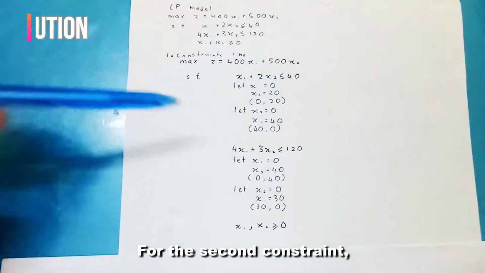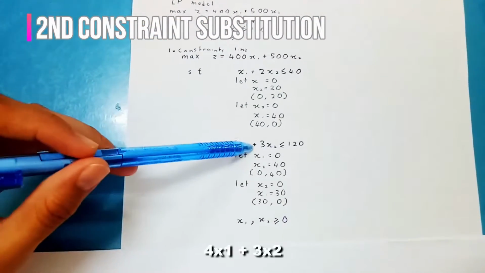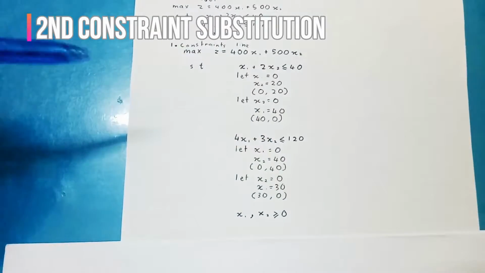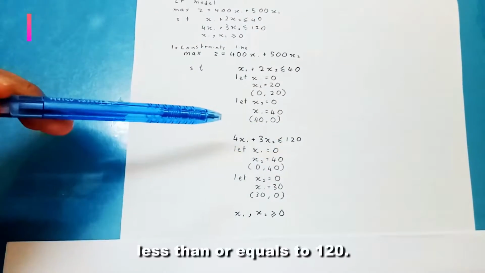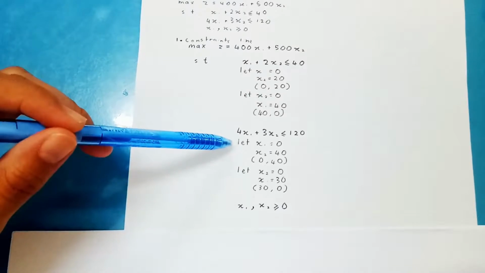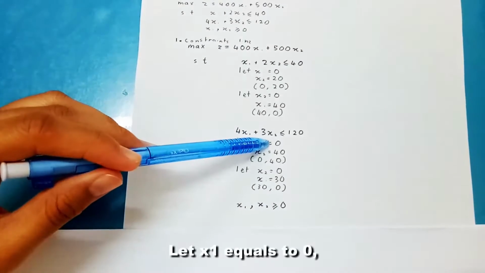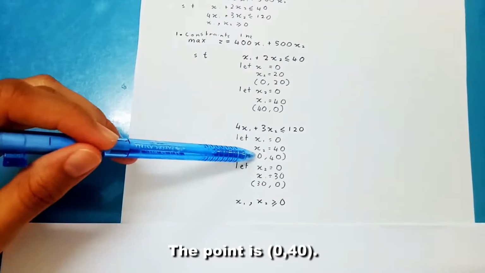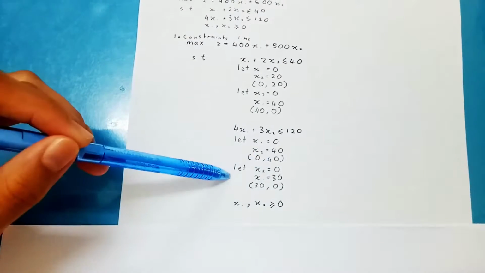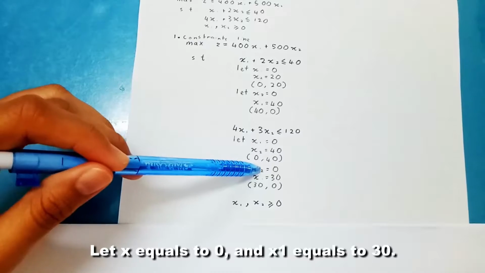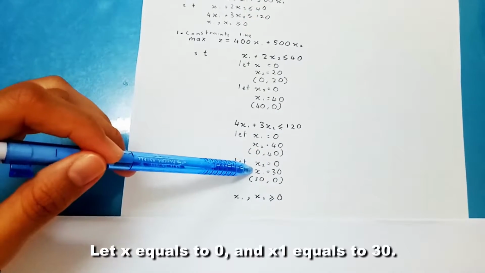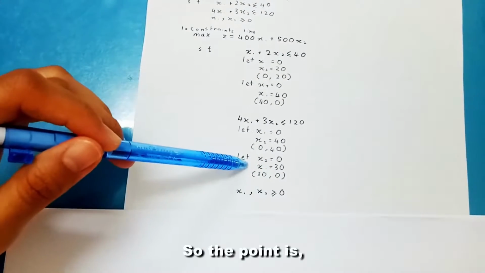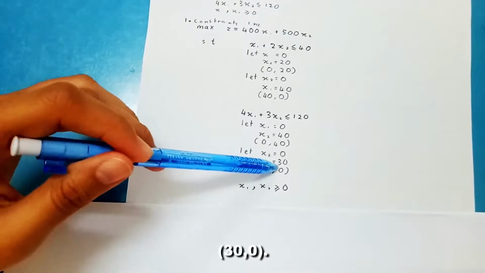For the second constraint, 4x1 plus 3x2 less than or equal to 120, let x1 equal to 0, x2 equal to 40, the point is 0, 40. Let x2 equal to 0 and x1 equal to 30, so the point is 30, 0.